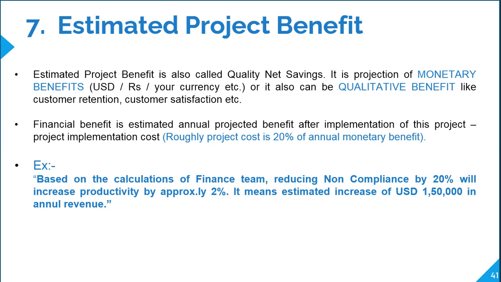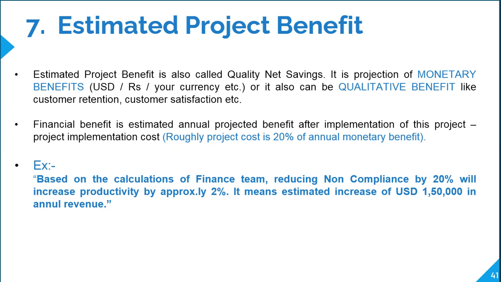Take an example: you have completed a given project, and in that project you achieved say 10% improvement. Prior to the improvement, you had annual losses of around $10,000. Now, with this improvement of 10%, you have saved, this is an example, right? $1,000. So your annual estimated benefit is around $1,000.